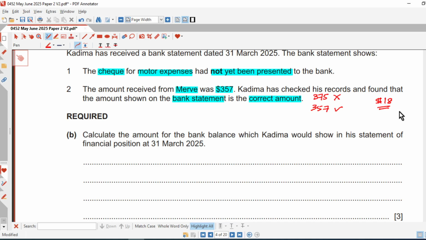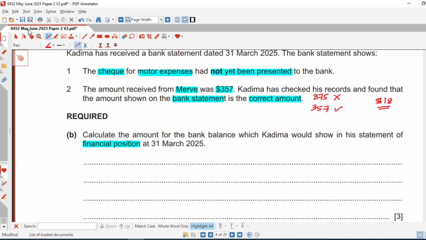Okay, now that's sorted out. Calculate the amount for the bank balance which Karima would show in his statement of financial position at 31st March. Now, here's where you're gonna start getting a headache. Which figure do you put in the statement of financial position?